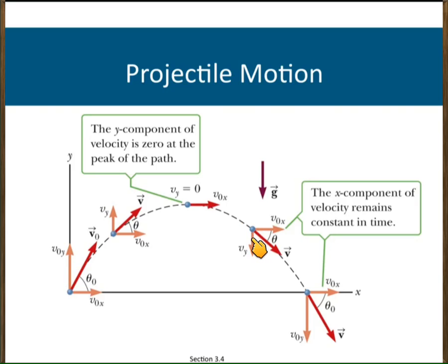But at a later time, you have a certain velocity downward, and right at the hitting point, this is the largest. So the speed in the y direction increases. What about the speed in the y direction from the initial position to the top? It decreases. What about the velocity? It also decreases, right? Yes.